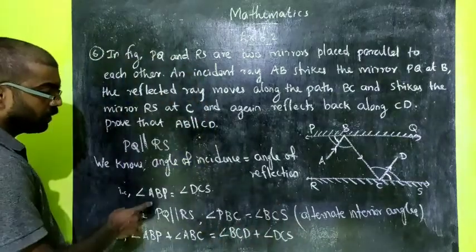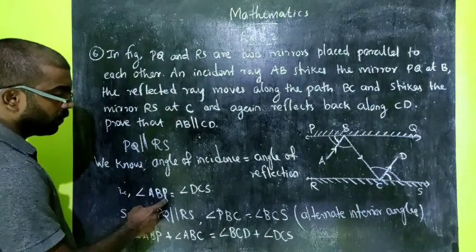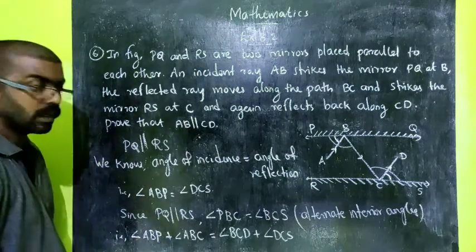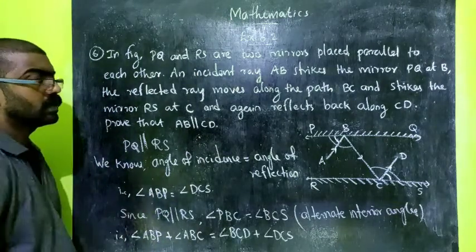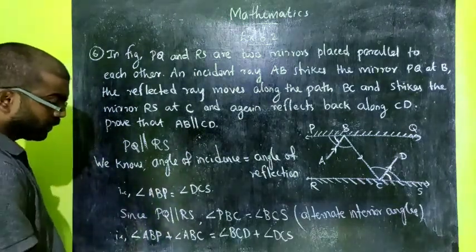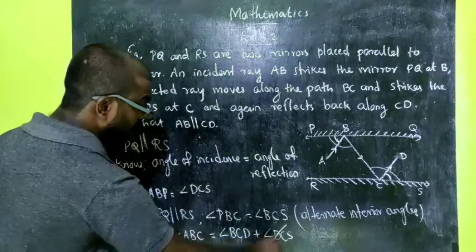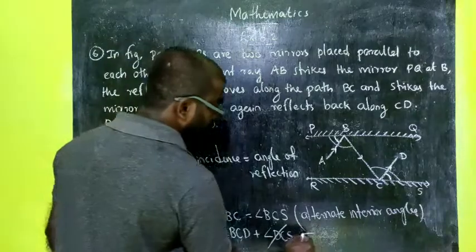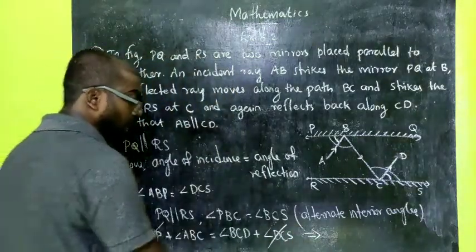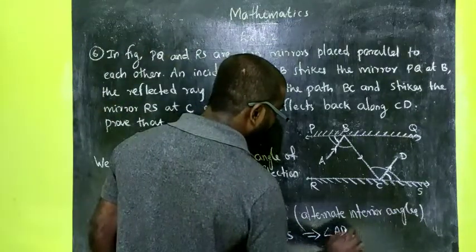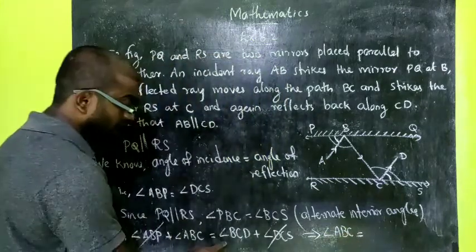Okay. And here the values of angle ABP and angle DCS are equal because angle of incidence is equal to angle of reflection. So these two values we can cancel, angle ABP and angle DCS, which implies angle ABC equals angle BCD.